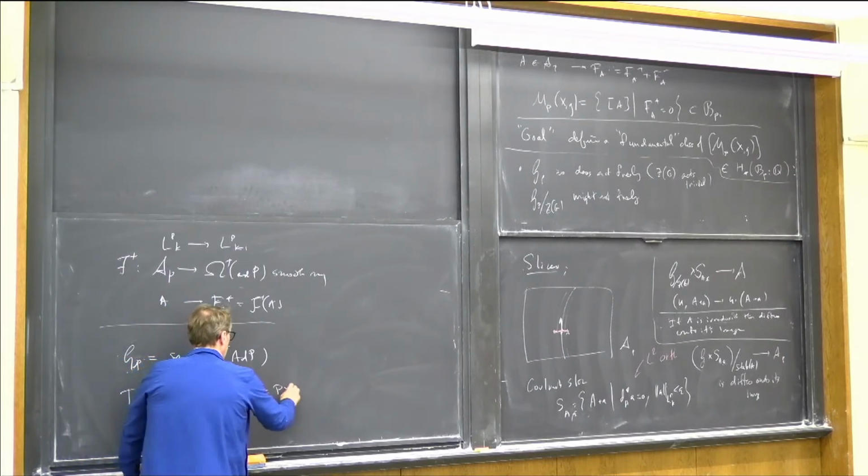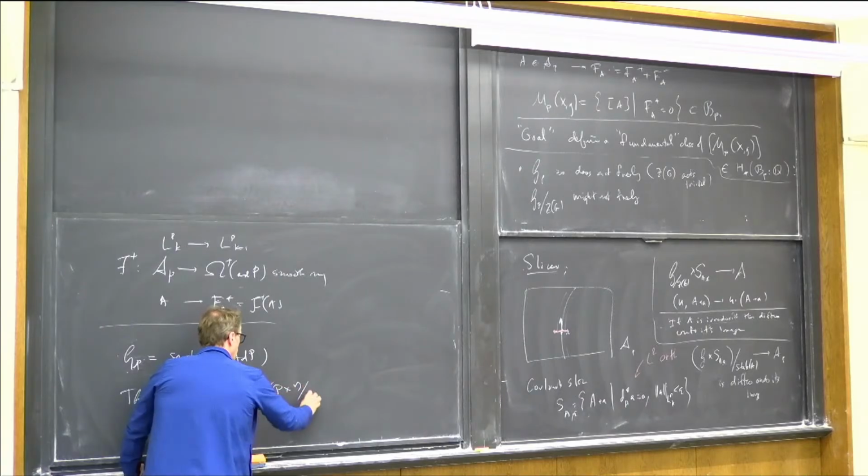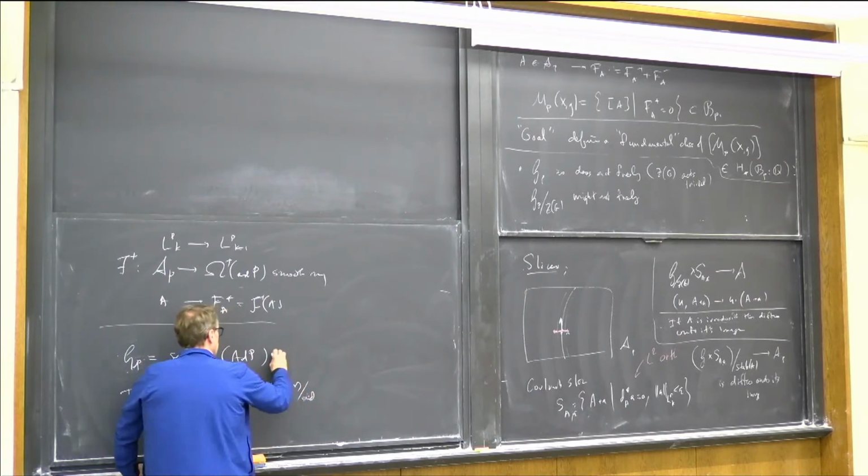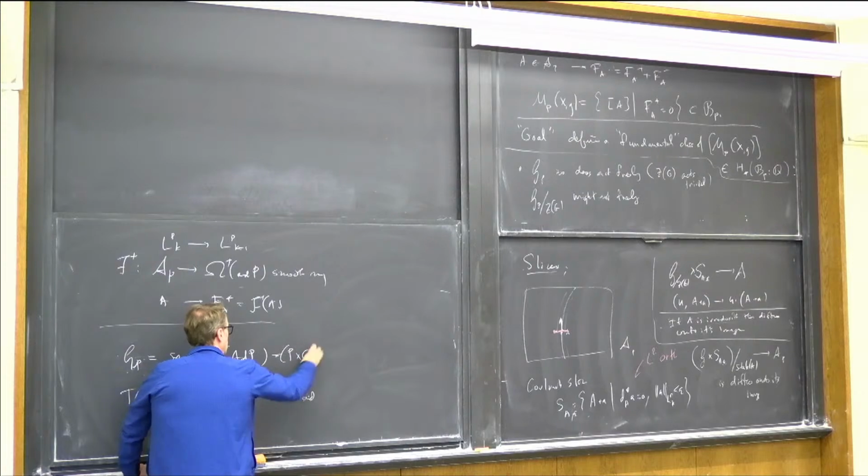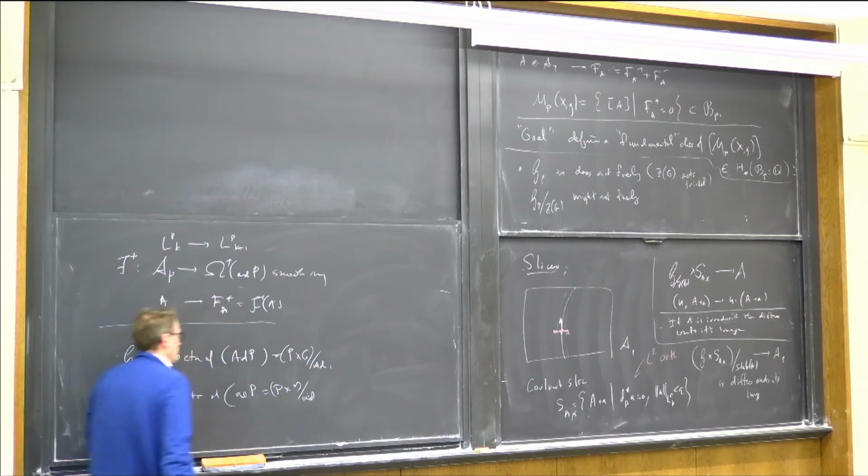Right, so this is P cross the Lie algebra, mod the adjoint action. This is P cross the Lie group, mod the adjoint action.